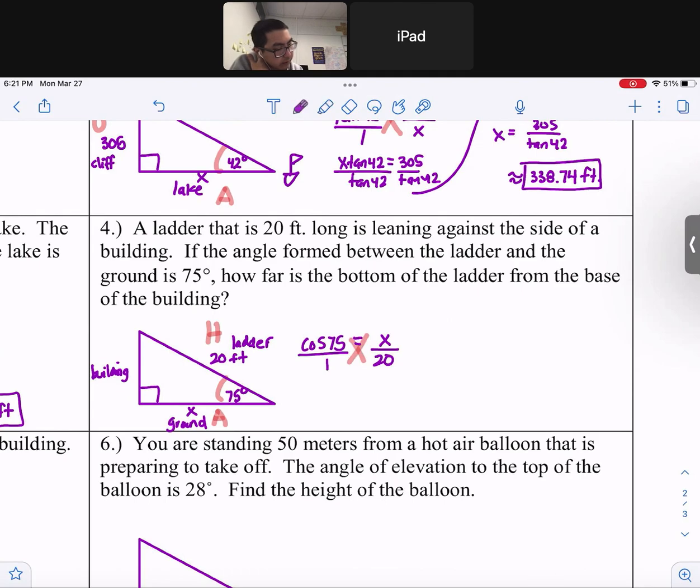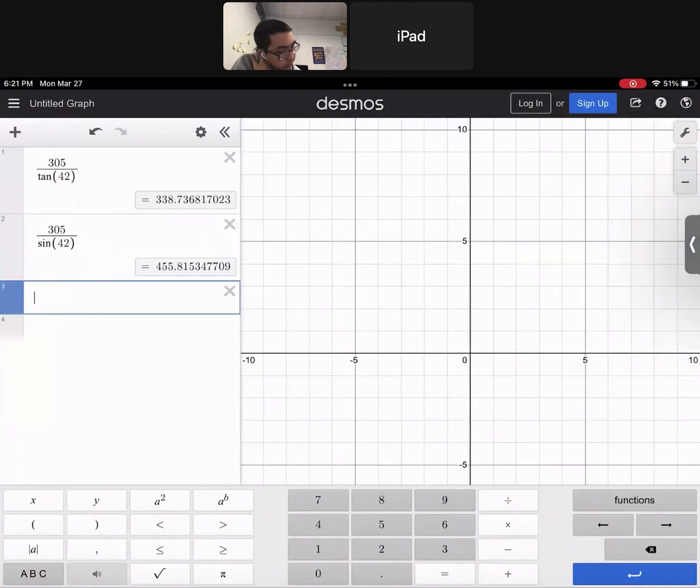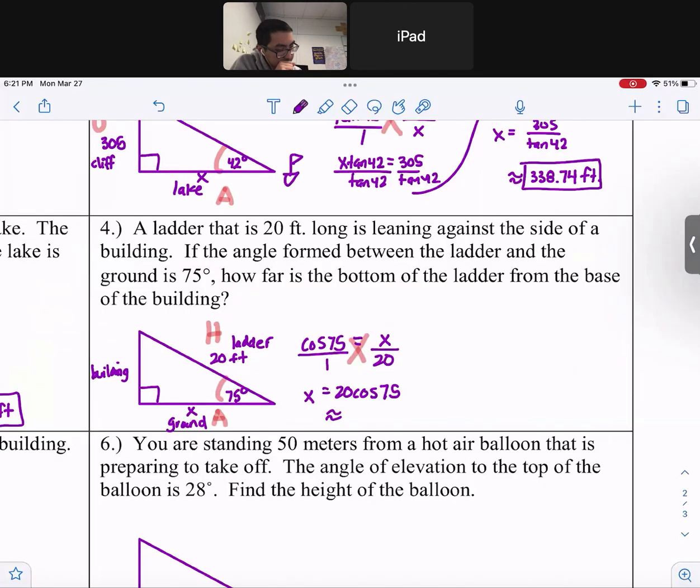Cross multiply, x equals 20 cosine 75, which is roughly, putting in our calculator, 20 cosine 75. That is 5.18. Units, feet. Okay.